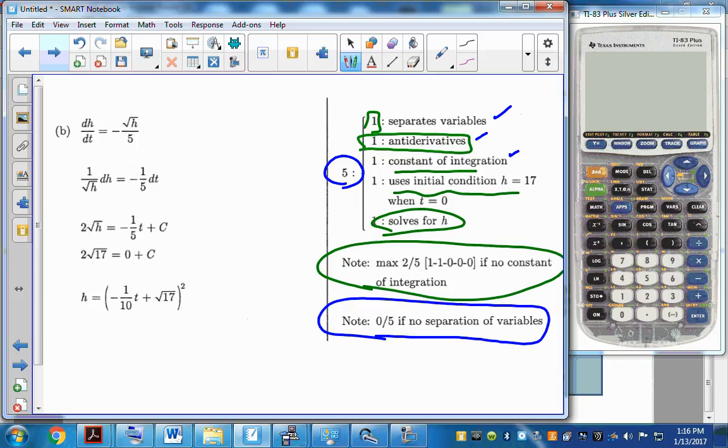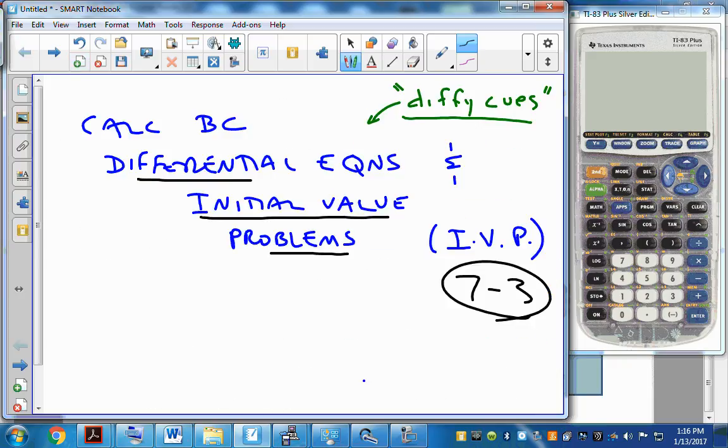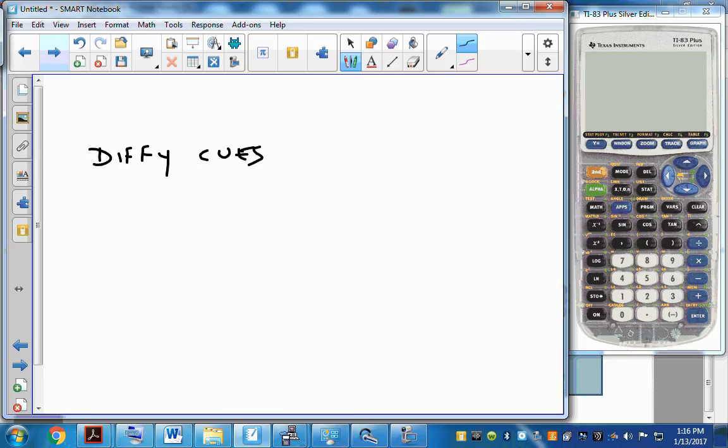Now, with that in mind, when we have these diffie-q's, what's a diffie-q? A differential equation. So when we have these differential equations, you have an algebraic or an analytic approach.